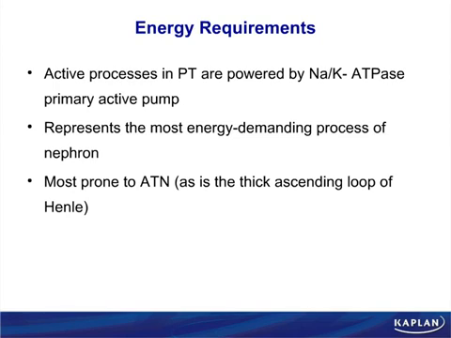Energy requirements. So the proximal tubules require a lot of energy, very active. They require a lot of ATP because there are many sodium-potassium ATPases actively pumping sodium. You are reabsorbing a lot of sodium in the proximal tubules, and also many other substances via secondary active transport.